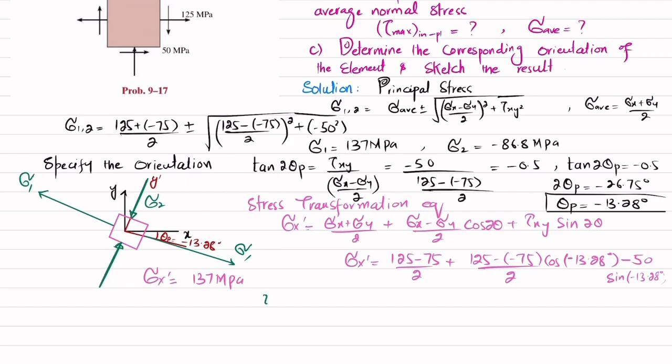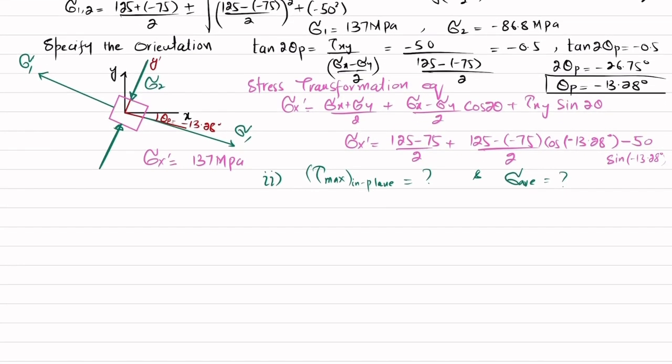Now we'll move towards the second part, and in the second part we have been asked to find out the maximum in-plane shear stress and average normal stress associated with it. So we know that maximum in-plane shear stress can be obtained by this formula, which is equal to the root of ((sigma x minus sigma y) divided by 2) whole square plus tau of xy whole square.